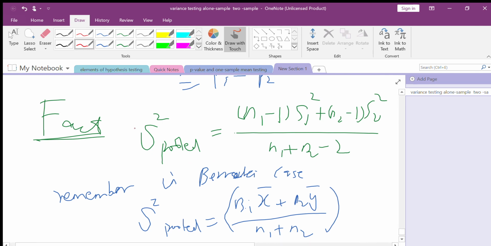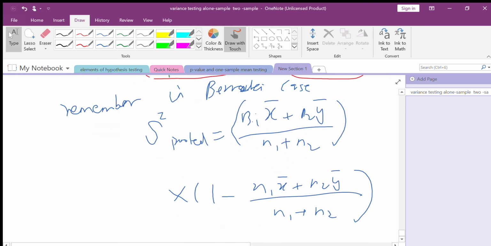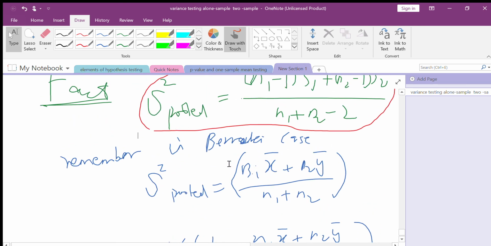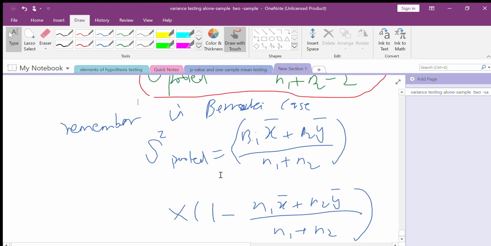There is a shortcut, which means these two are equal, but they are only equal in the Bernoulli case. This is the shortcut to compute S pooled squared in the Bernoulli case.